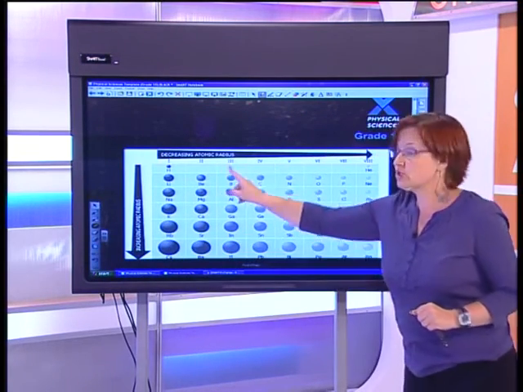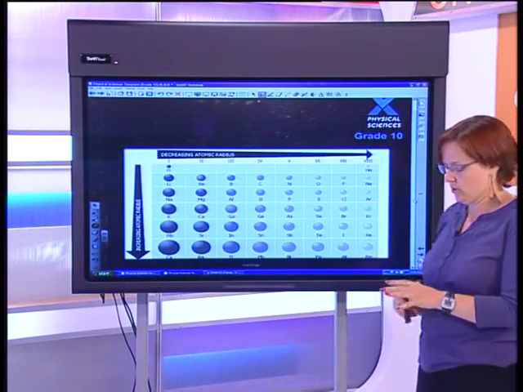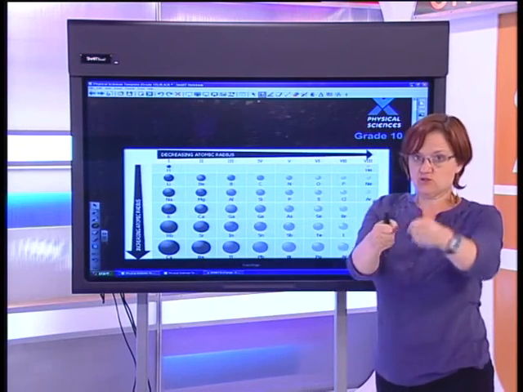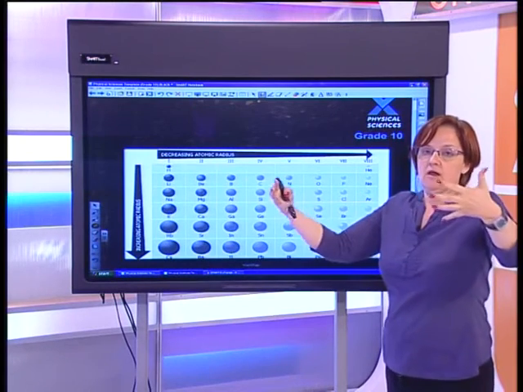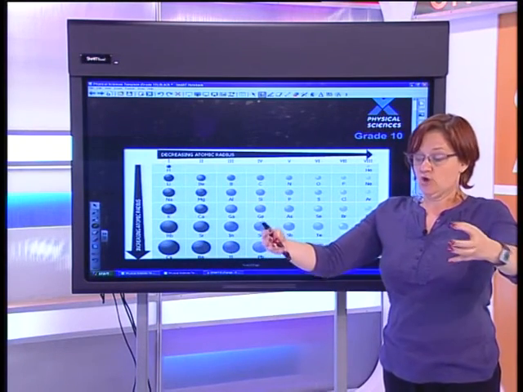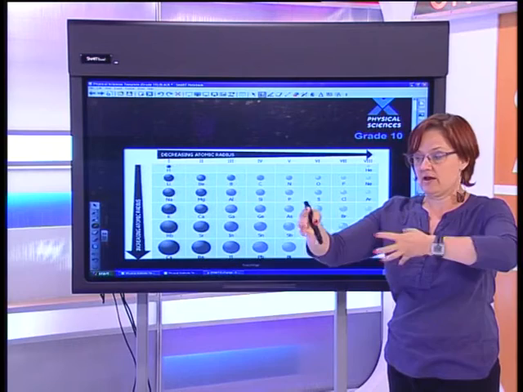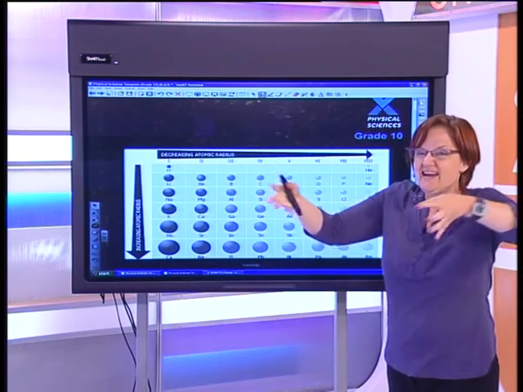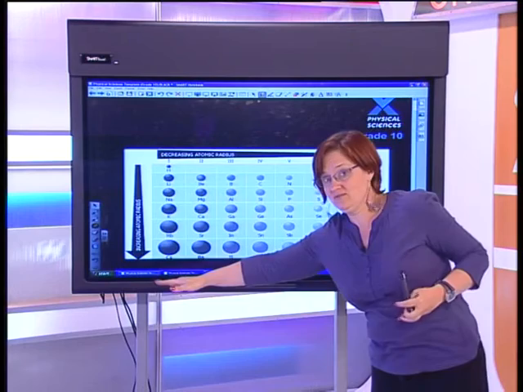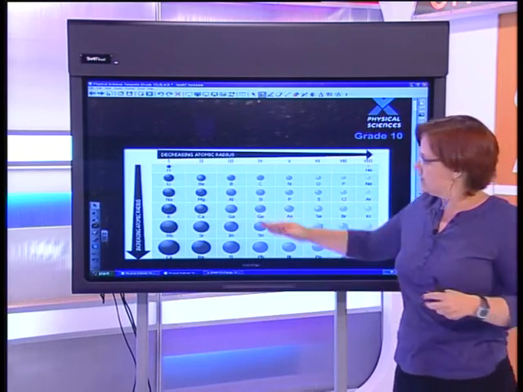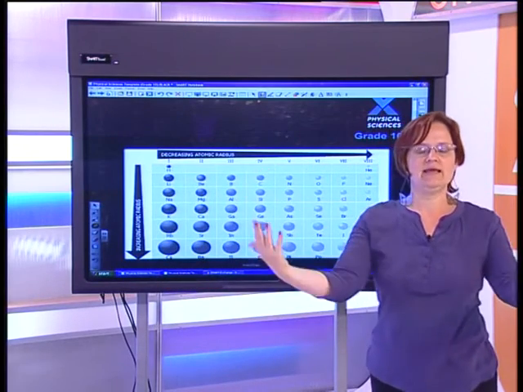They get smaller as we go across because we add in extra negatives and positives, but we're not increasing the size of the energy level. So if we have more positive and negatives that are now attracted to each other, it's going to shrink the size. When we go down, the size increases because in every period I add an energy level.